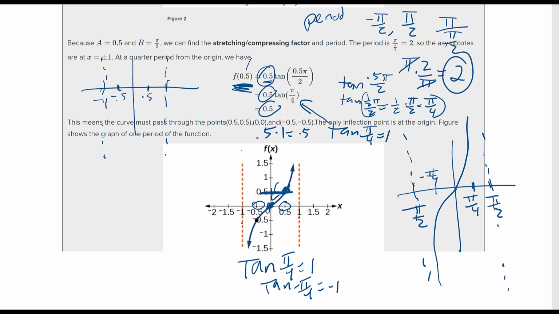So this 0.5 is this 0.5 here. Again, it's unfortunate that they used a 0.5 as the leading coefficient and 0.5 as the value to be substituted in, but that's how it is. Just want to clarify some of these values. Hope that makes some sense.